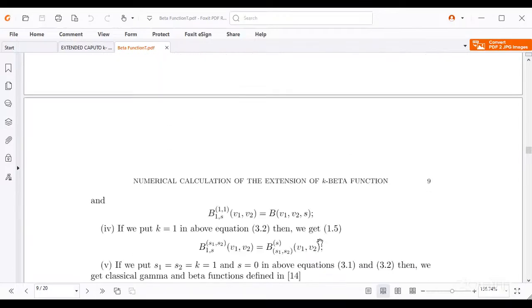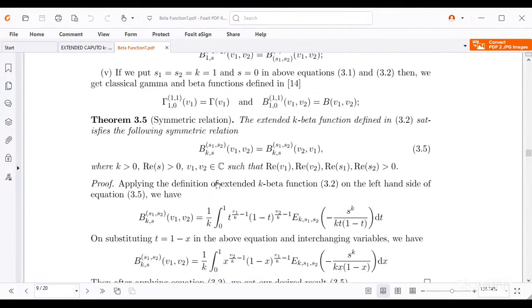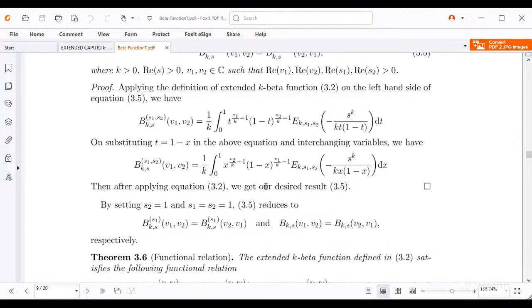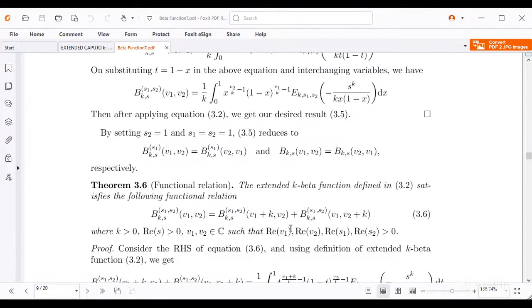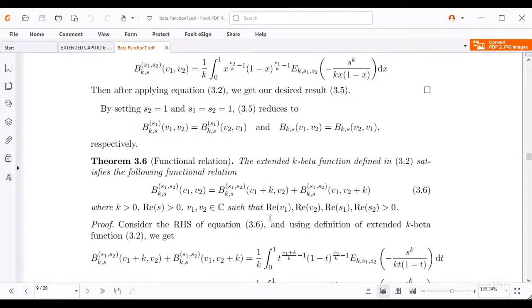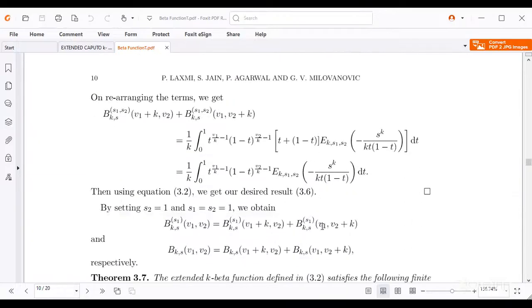Now I am going directly to some of the theorems. This is theorem 3.1: the extended k beta function defined in 3.2 satisfies the following symmetric relation, given by equation number 3.5. I am not giving the proof here.